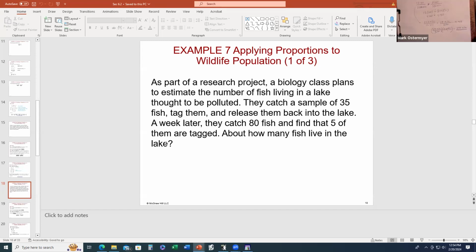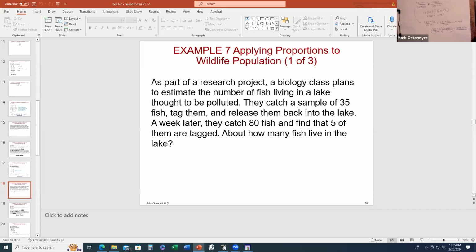This is a useful way for biologists or park managers or ecologists to estimate the number of fish in a lake. Now, the key assumption with this lake, ladies and gentlemen, I must add these assumptions behind the scenes.